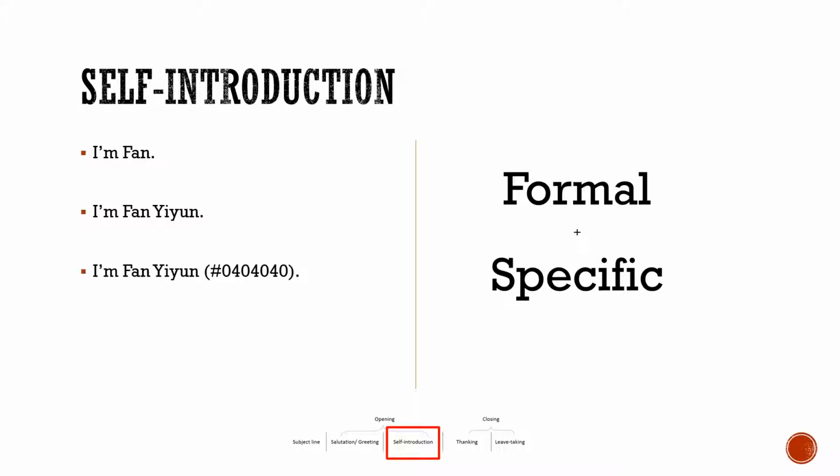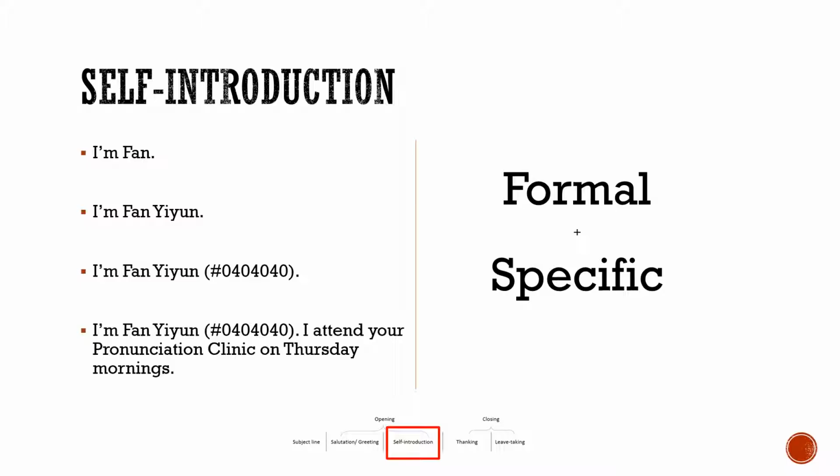I'm Fan Yun, student number 0404040. That is more specific and therefore better still. And I'm Fan Yun, student number 0404040. I attend your pronunciation clinic on Thursday mornings is the best.